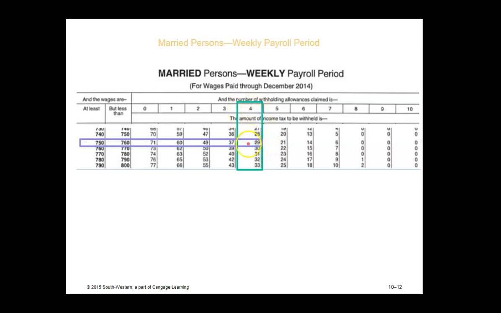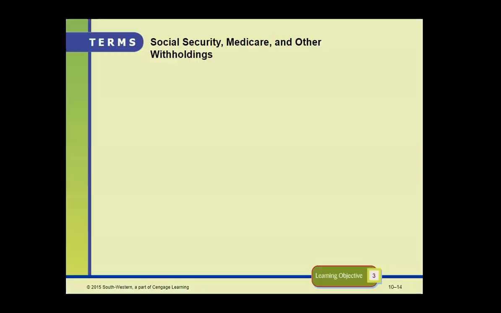So this tells me that the amount of income tax to be withheld, if he's using the wage bracket method, is $29, which was really close but not exact to the percent method, in which the amount of tax withheld was $28.95. Okay, and so the percentage method is a lot more accurate than the wage bracket method. But still they're pretty similar.